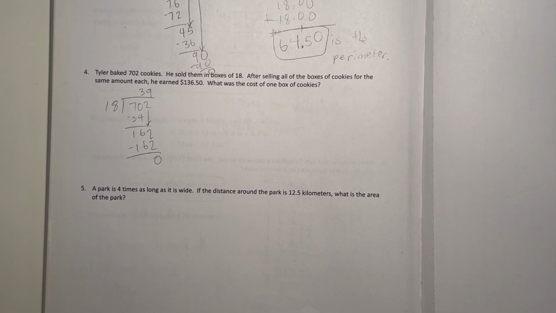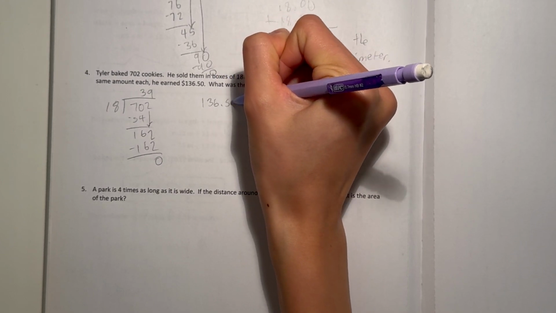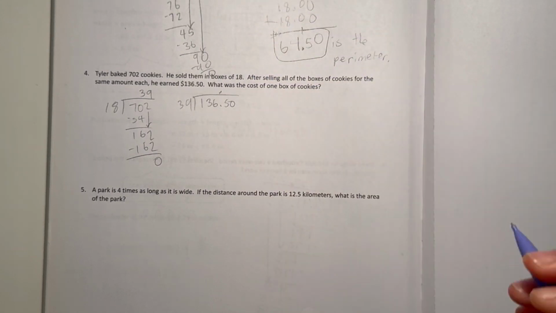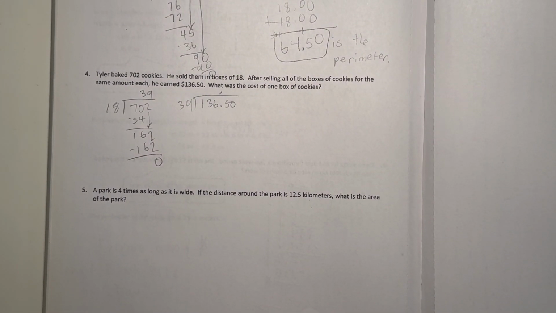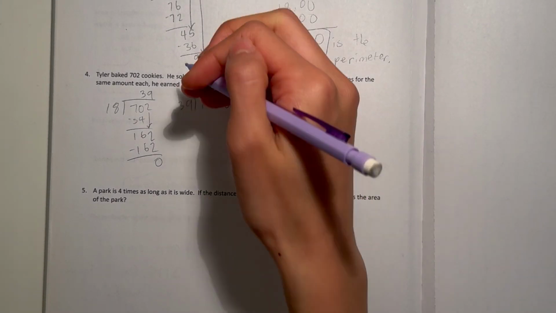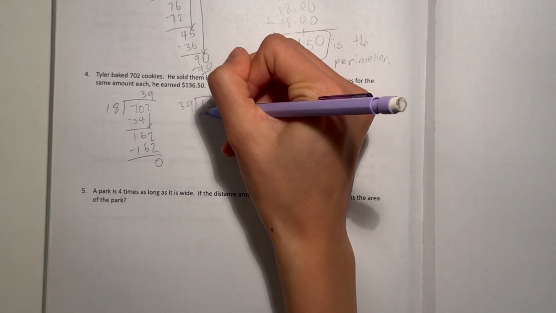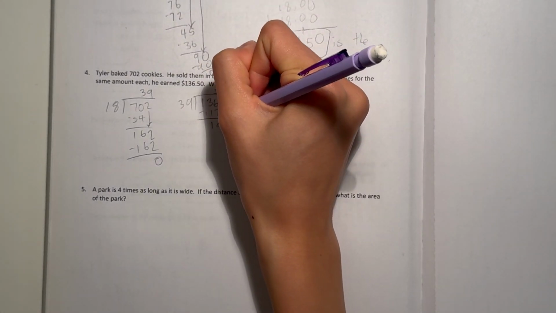I want to find out how much does each box cost. So 136.5 divided by 39. 39 goes, let's see, maybe 4 times, 3 times, minus 117. 136 minus 117 is 19 left over.